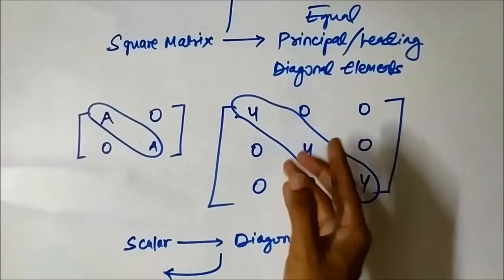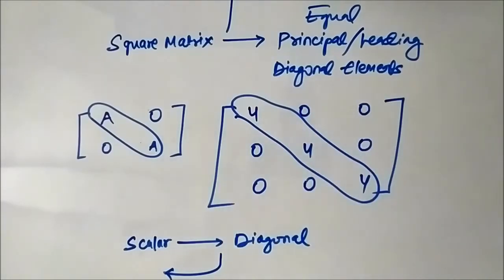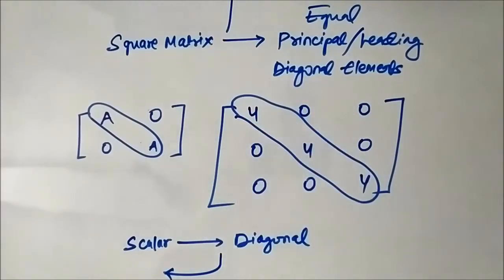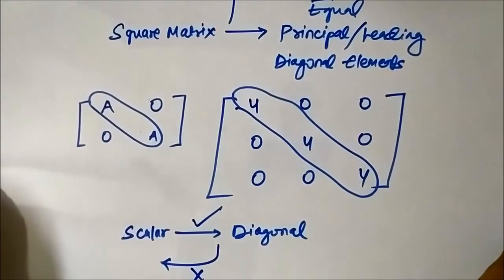It will be a diagonal matrix, but it will not be a scalar matrix. So for a matrix to be scalar, all the elements in the principal diagonal should be equal. A scalar matrix is a diagonal matrix, but a diagonal matrix may or may not be a scalar matrix.